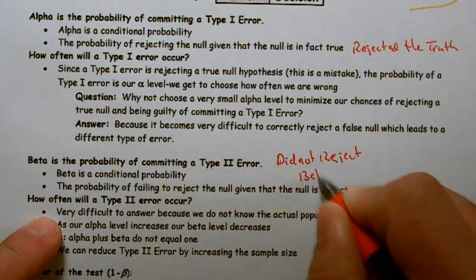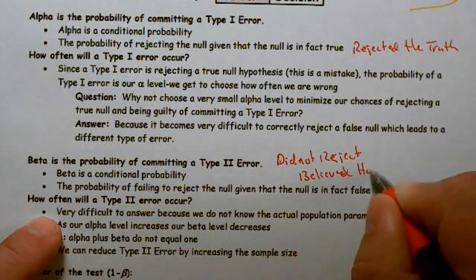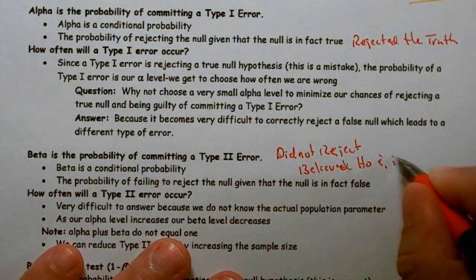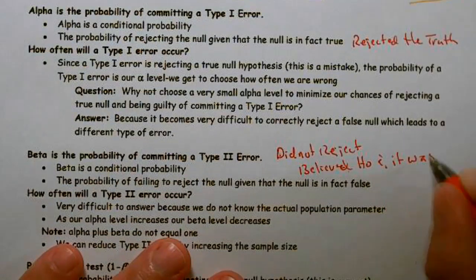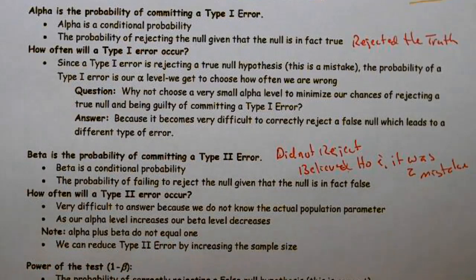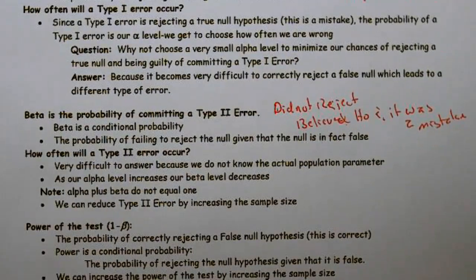We believed H0 and it was wrong. It was a mistake. How often is a type 2 error? Really, really very difficult. We'll never calculate it.